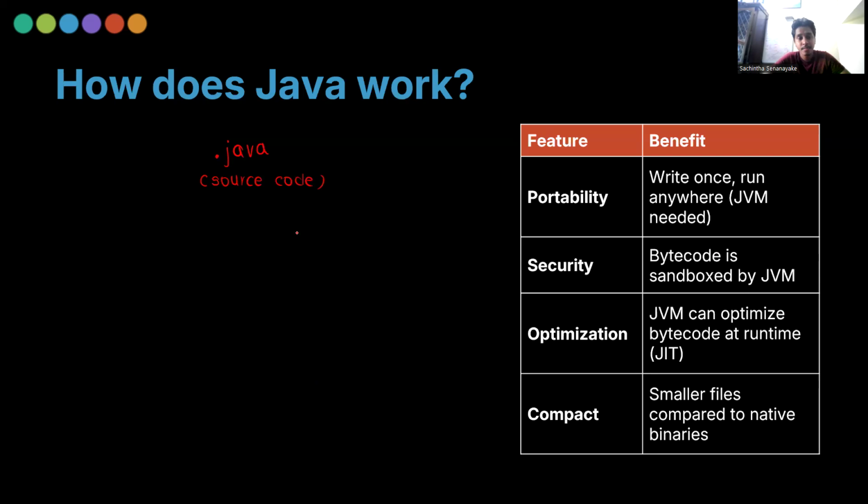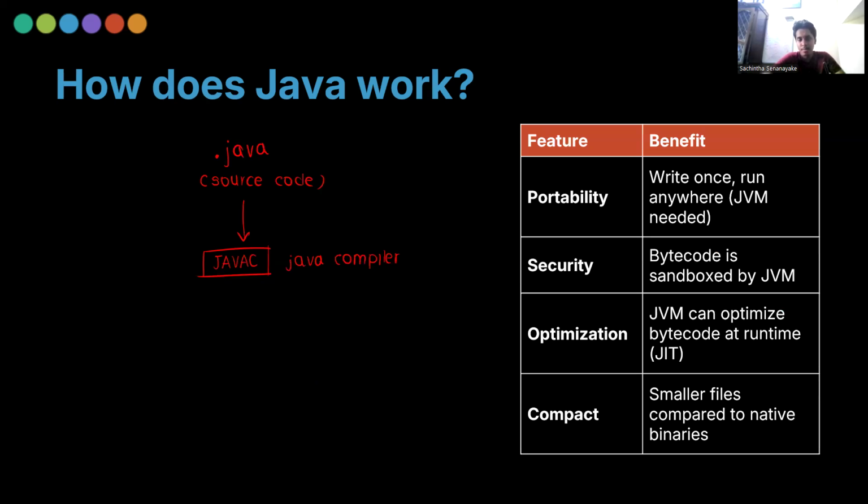And then what happens? Java has a compiler called the JAVAC. This is called the Java compiler. Now, the Java compiler, based on the definition of the compiler, should hopefully produce machine code, isn't it?